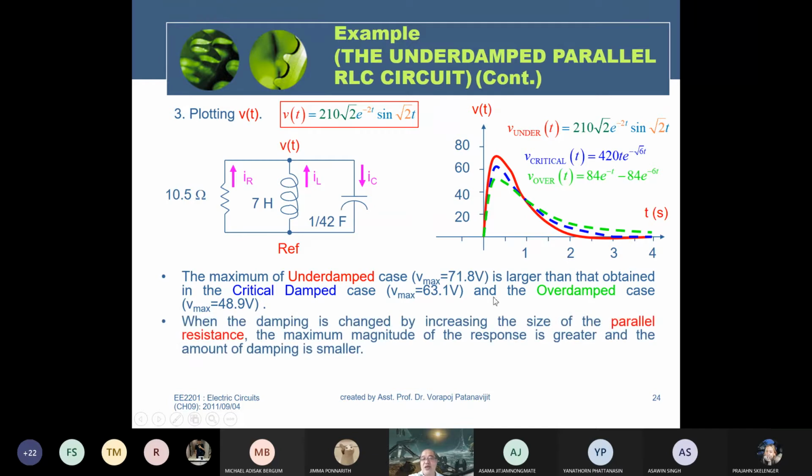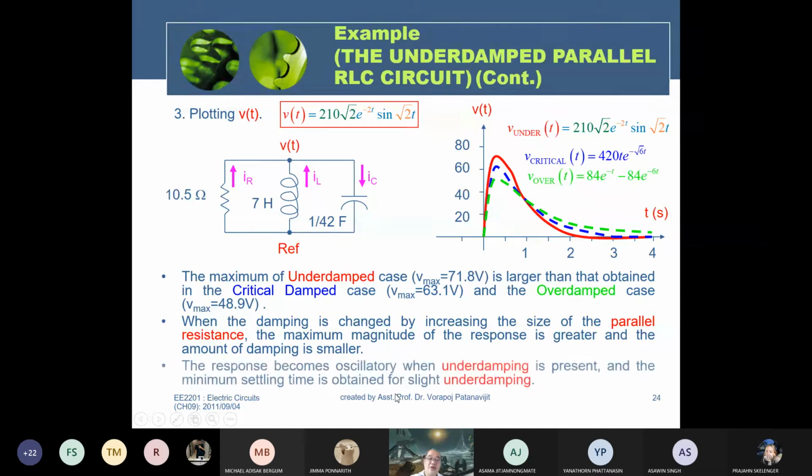When the damping is changed by increasing the size of the parallel resistor, the maximum magnitude of the response is greater and the amount of damping is smaller. The response becomes oscillatory when underdamping is present, and the minimum settling time is obtained by the slightly underdamped case.